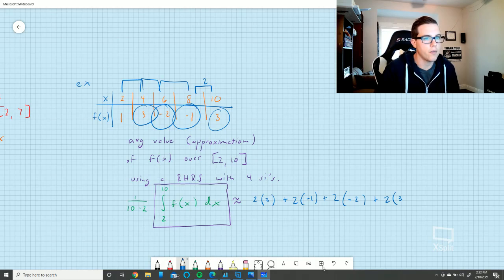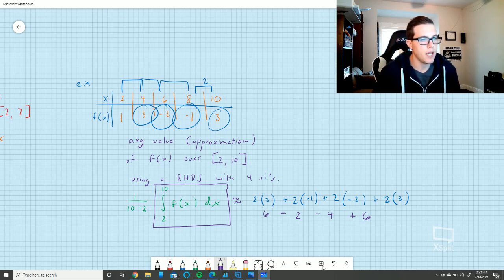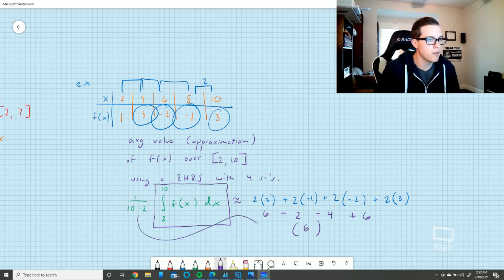It's a right-hand Riemann sum. And that would give me 6 minus 2 minus 4 plus 6. So what is that? 12, 10, 6. So 6 times 1/8. And that gives me back the average value of 3/4.